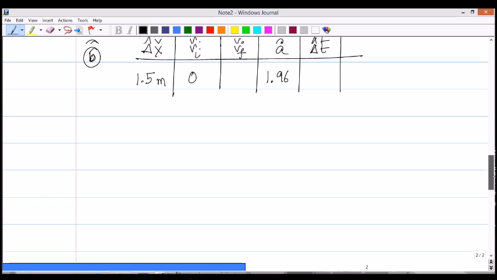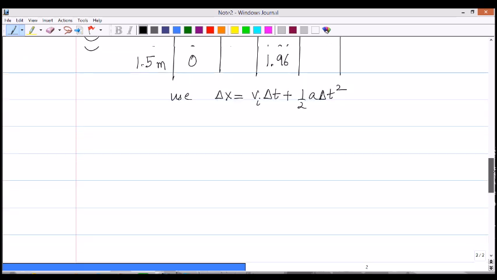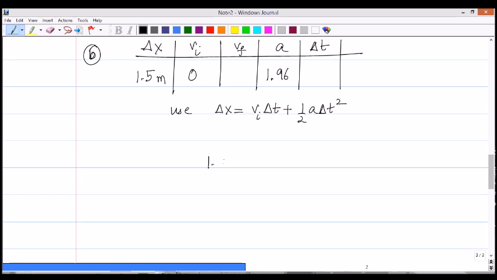And we're going to use the equation delta x equals vi delta t plus 1/2 a delta t squared, which happens to be 1.5 equals 0 times time plus 1/2 times 1.96 times time squared.